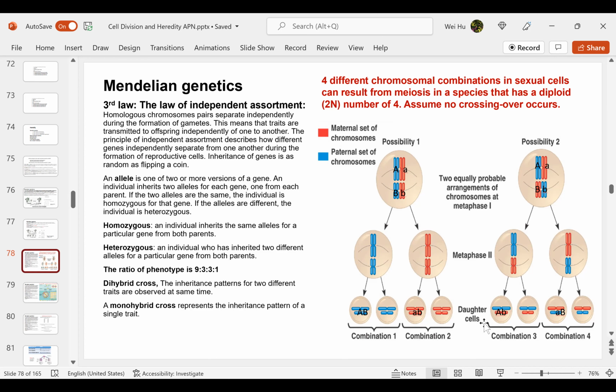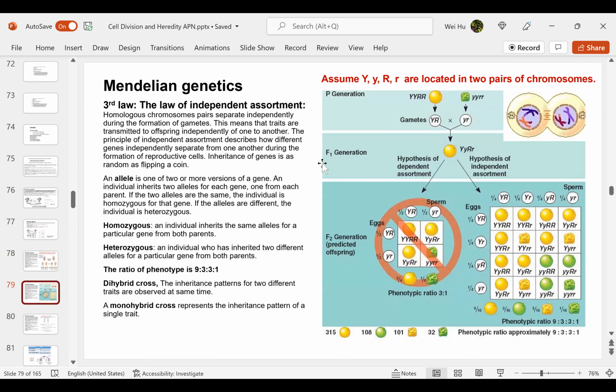Okay, so when you actually calculate how many different sperm you will have at least, that's 4 if you have 2 pairs. If you have 4 chromosomes, that's 2 pairs, remember. Now let's look at this one. This is the third law.